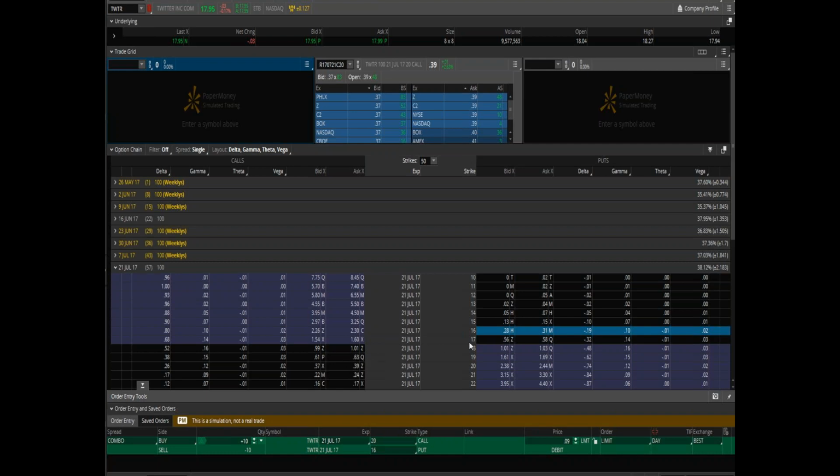We can figure out skew by looking at it: if we take the 18 and go equal distance away, which is very difficult to do, $2 down, $2 up, these premiums should be the same. They're very close, don't get me wrong, but they should be the same in a perfect world.